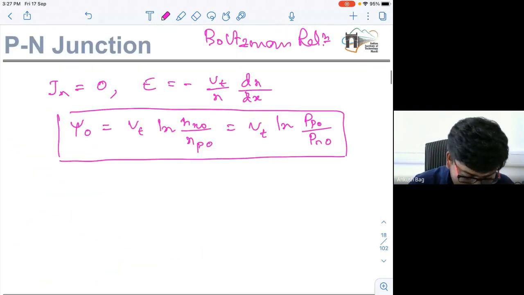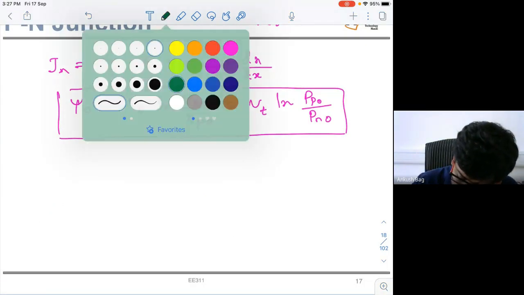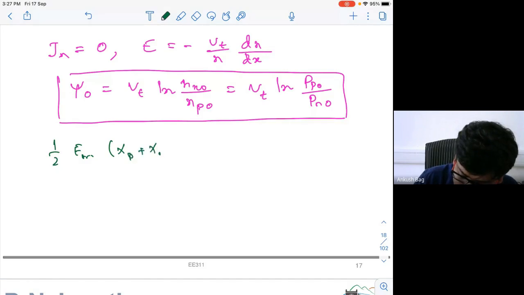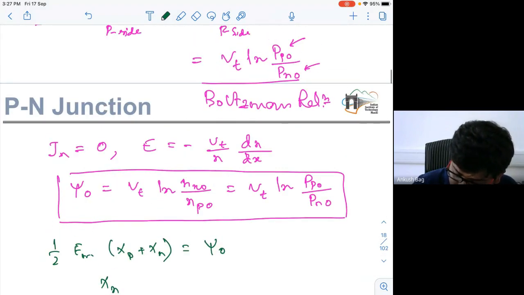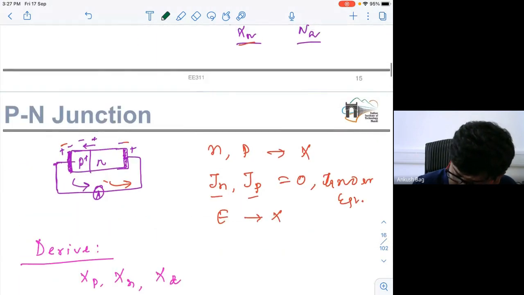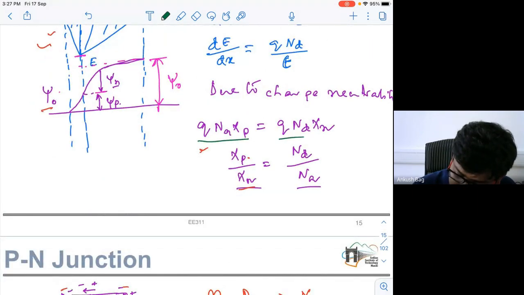We have already derived psi naught. Let us now calculate the maximum electric field at the junction, which is once again related to xp plus xn, and we also know from the charge neutrality equation, which we derived in the last class, that q Na into xp should equal q Nd into xn.